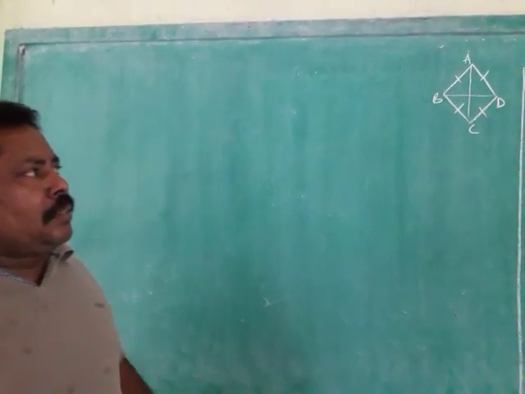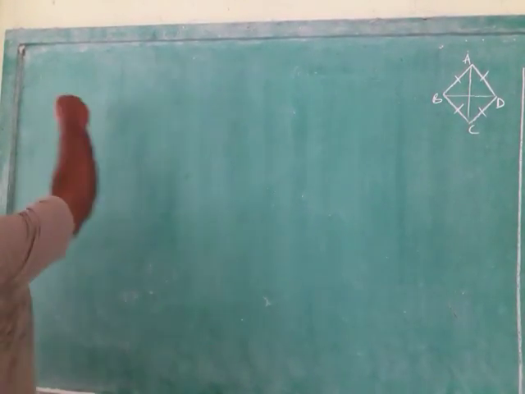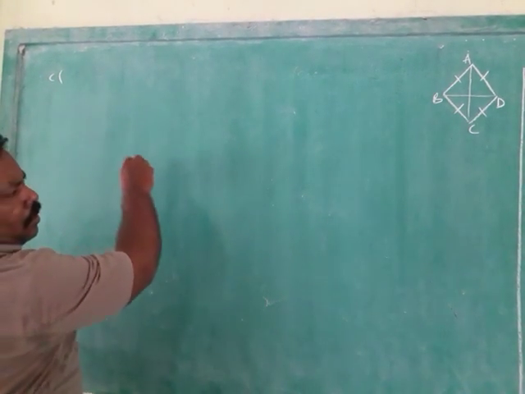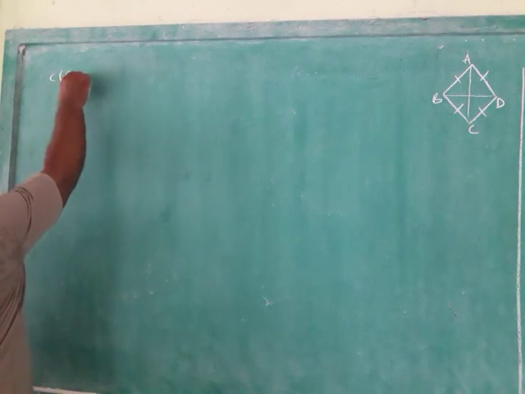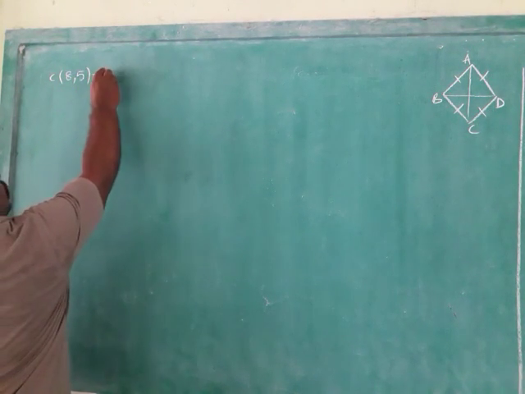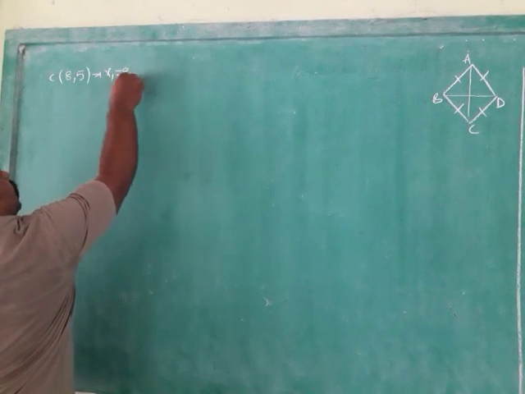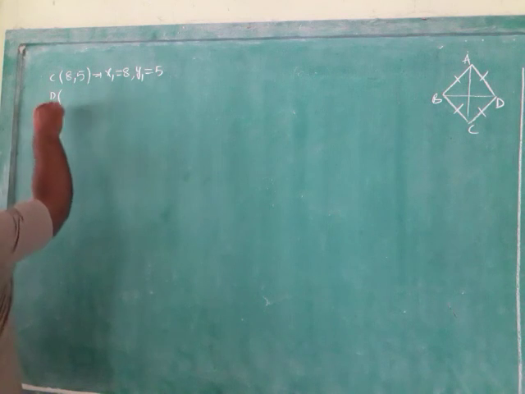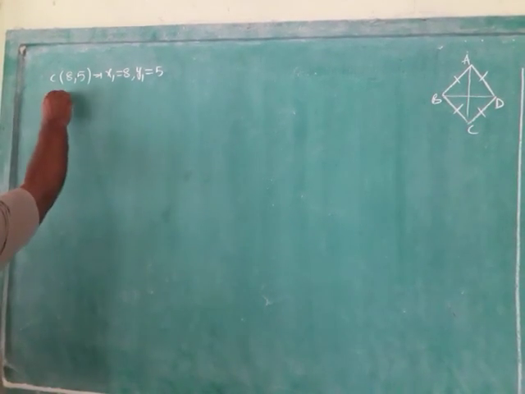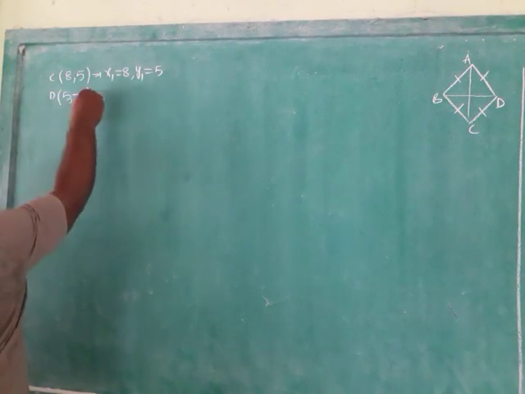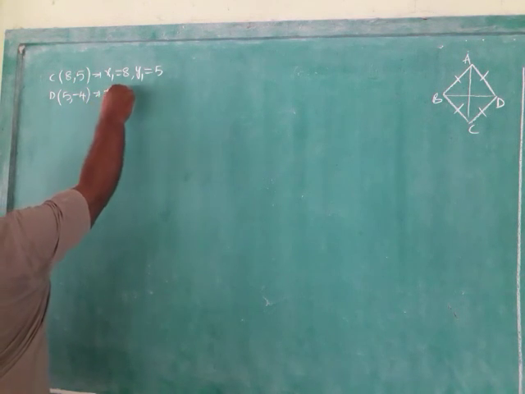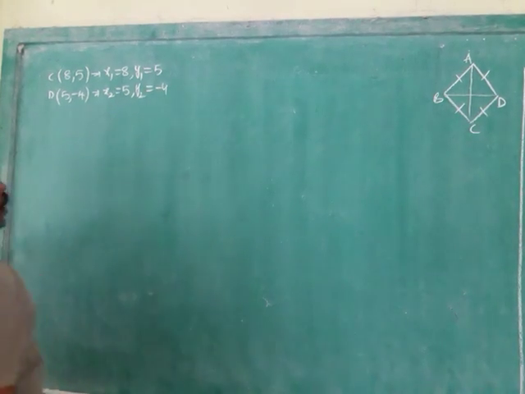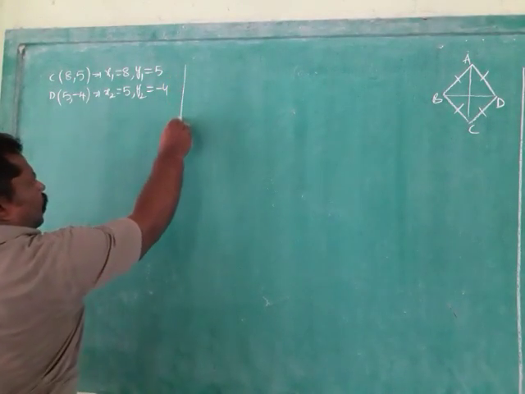Now see children, distance of CD. C is 8 comma 5, that implies x1 is equal to 8, y1 is equal to 5. D is 5 comma minus 4, that implies x2 is equal to 5, y2 is equal to minus 4. Okay.